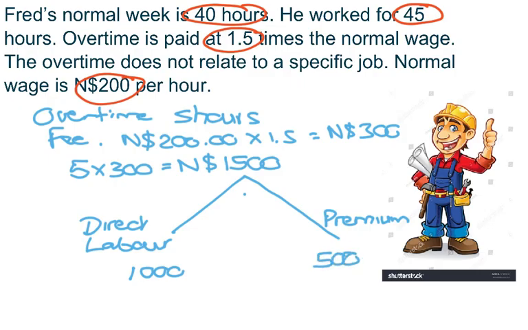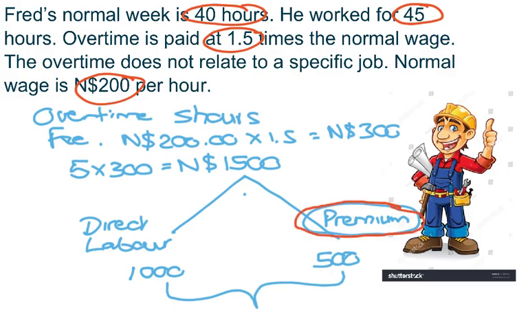We did this calculation, and in total it will give me the 1.5. And now I must say, this premium, will it now go to direct labor or indirect labor? So we are saying, since this premium now does not relate to a specific job, it will be seen as an indirect cost or a manufacturing overhead.